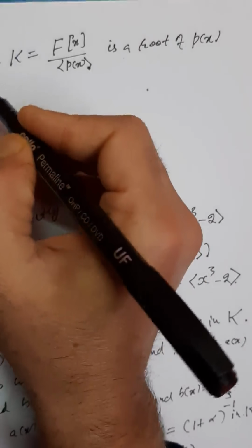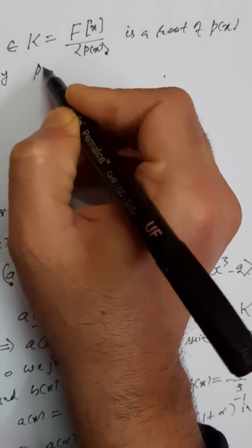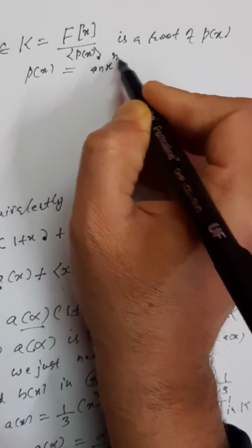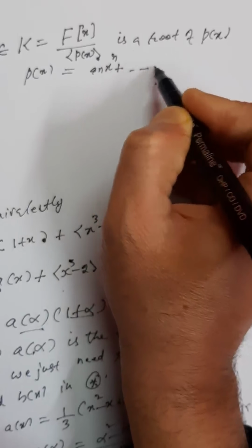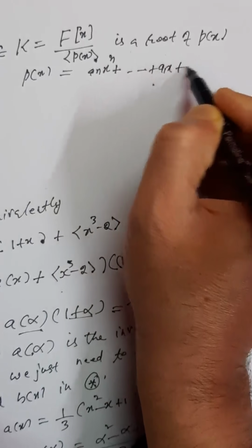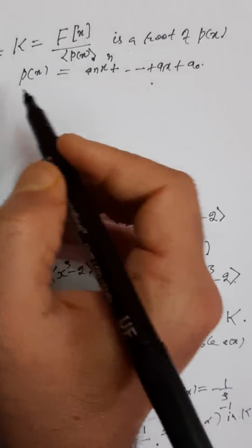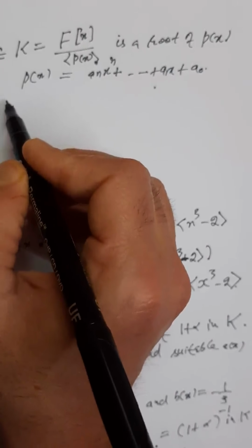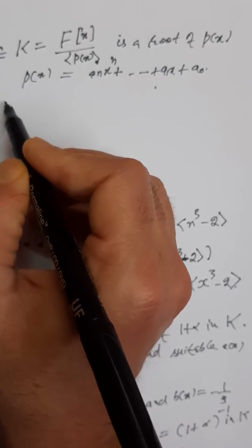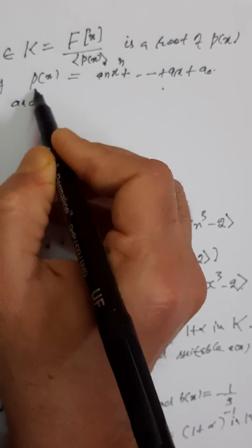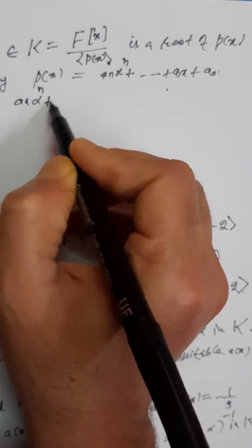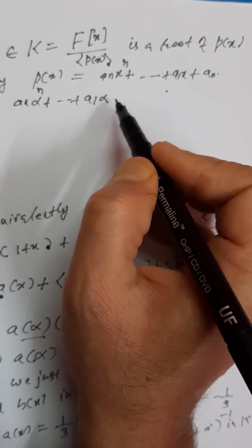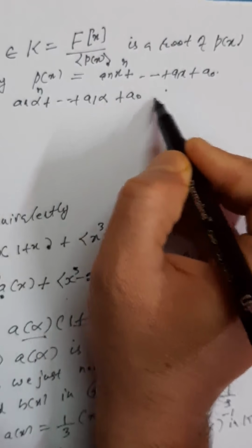Okay, say p(x) is this polynomial a_n x raised to power n plus so on plus a1 x plus a0. So this means p of alpha is 0. What does that mean? a_n alpha raised to power n plus so on plus a1 alpha plus a0 is 0.